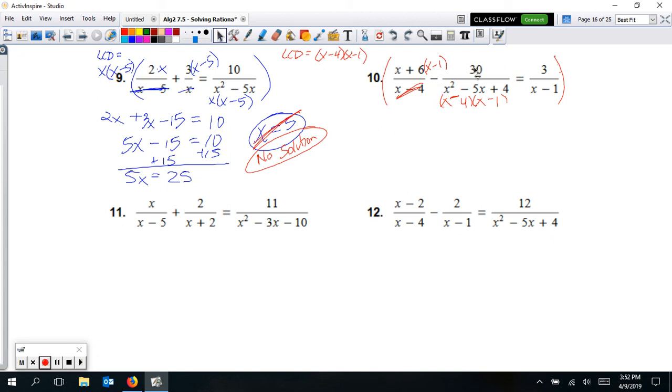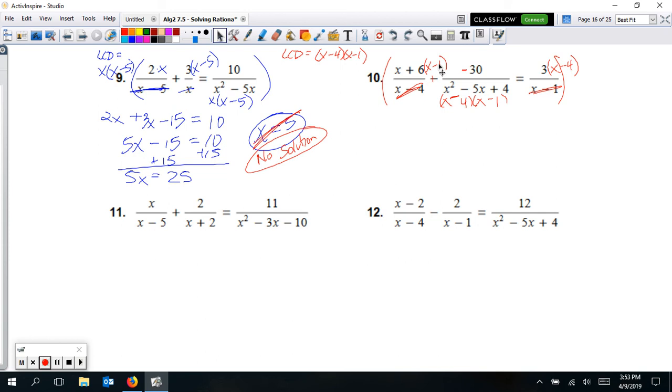But we do need to realize it says minus 30. This 30 really is a negative, so you might want to change that to a negative 30 so we don't make a sign error here. And the last one, we're going to cross out the x minus 1, and that leaves us still with an x minus 4 here in the LCD to multiply this 3 by. So next to 3, I'm going to say multiplying by x minus 4.